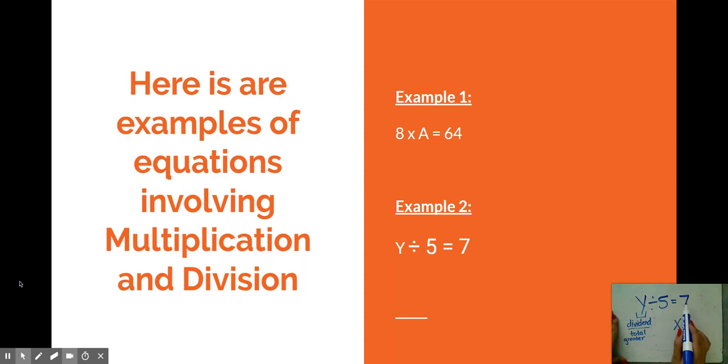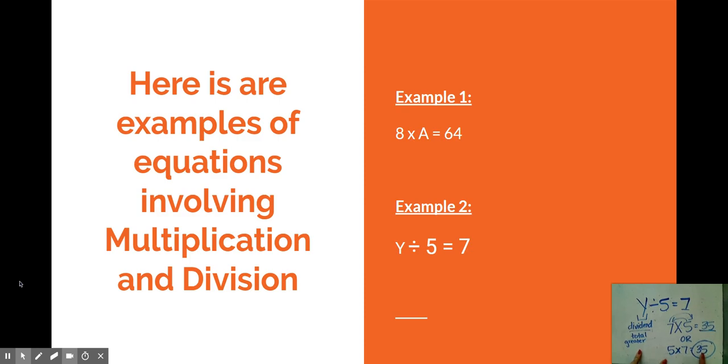So I would think about it as 7 times 5 equals what? Or, because we can switch these around because of the commutative property, you could do 5 times 7 gives you, hopefully we're thinking 35 at home, and 35 would be our y.